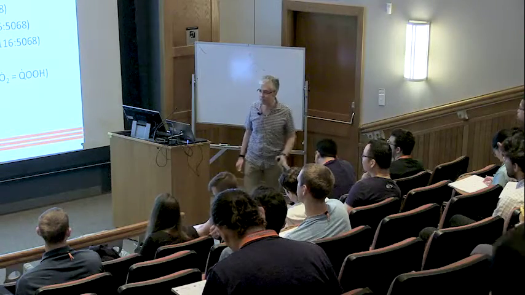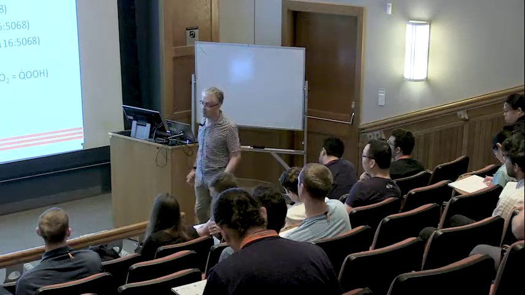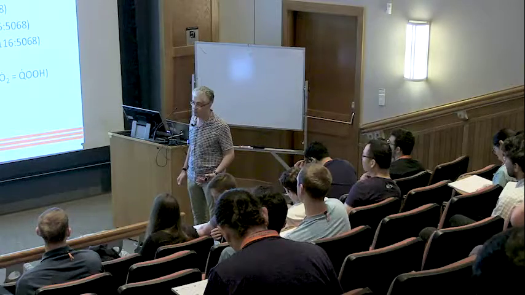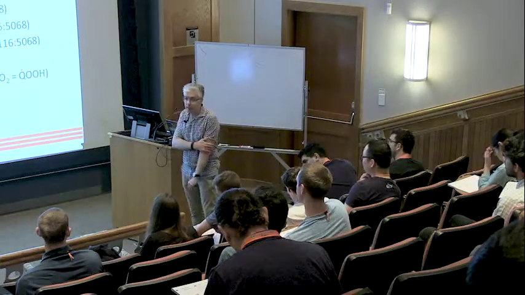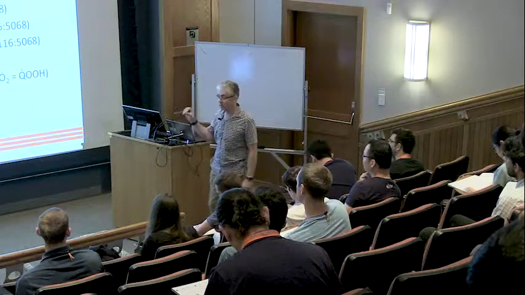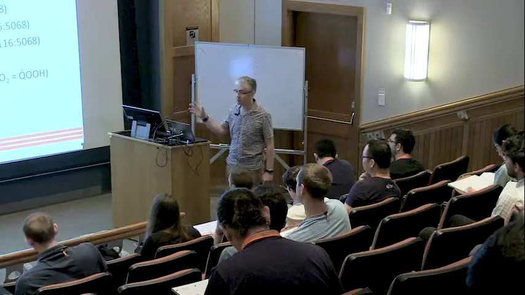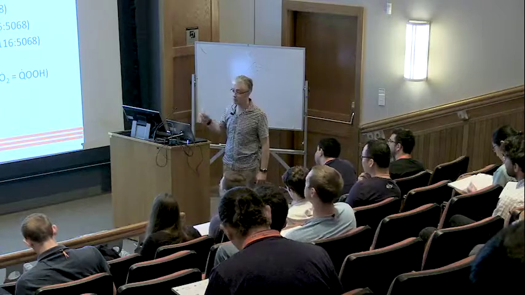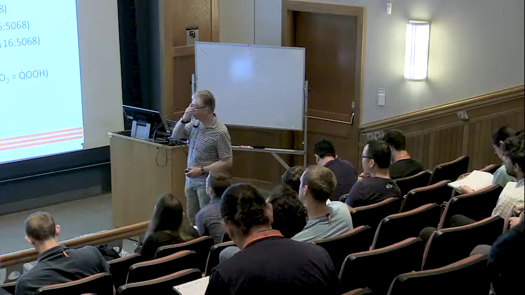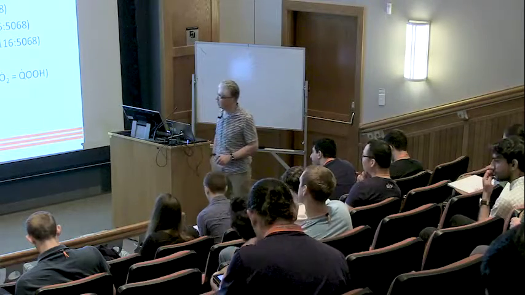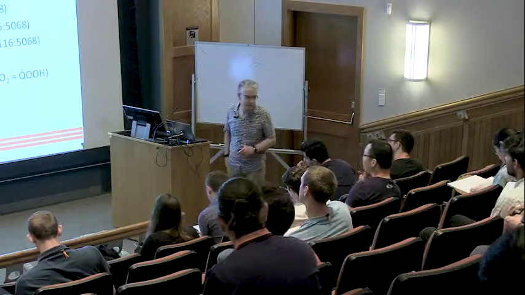Okay? And that's, as I said to you on Monday, one area that I'm very interested in right now. And we're working with Stephen Klippenstein to try and get really accurate thermochemistry for alkane low temperature alkane combustion species.